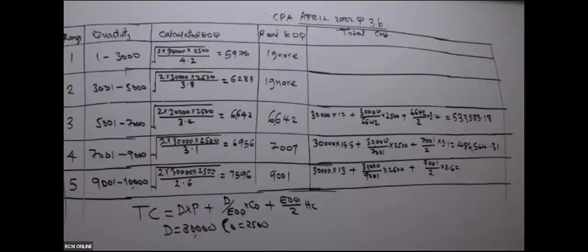Then range 5. What are you getting for range 5? 410,033.71.